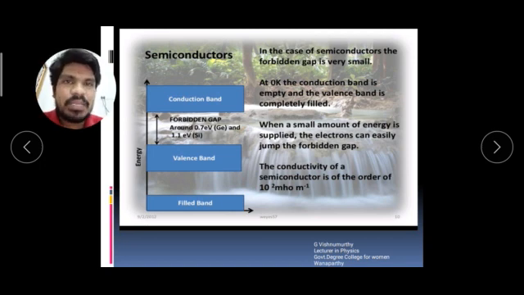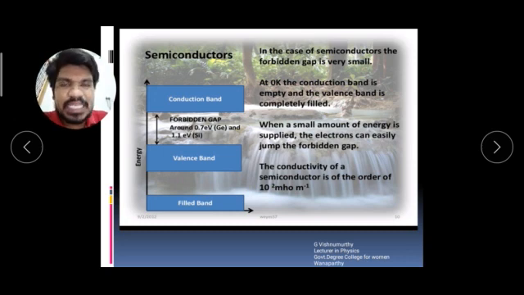The doping elements or doping impurities are divided into two types, that is third group elements and fifth group elements. Depending upon the doping process, semiconductors are classified into two types: one is intrinsic semiconductor and the second is extrinsic semiconductor.